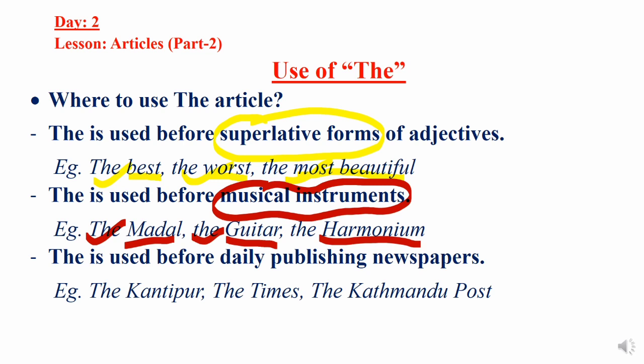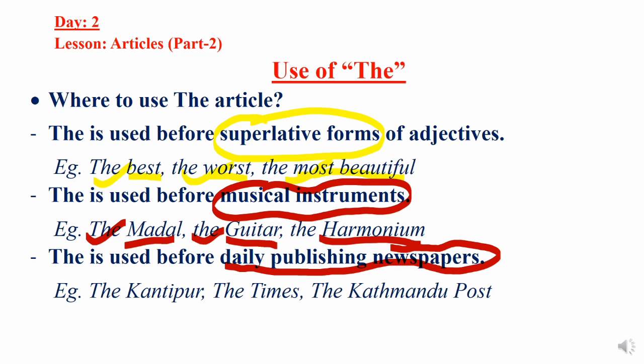Third rule is here. All right, the is used before daily publishing newspapers. Here you have to remember daily publishing newspapers. That means the newspapers which are published on a daily basis. We do not have to use the article before the magazines which are not regularly published, which are not daily published.